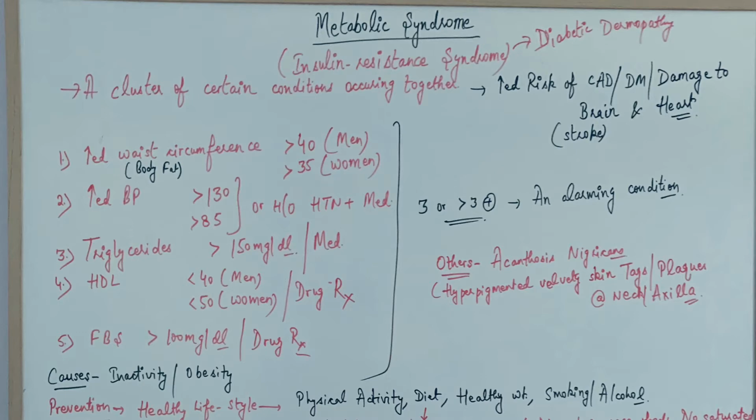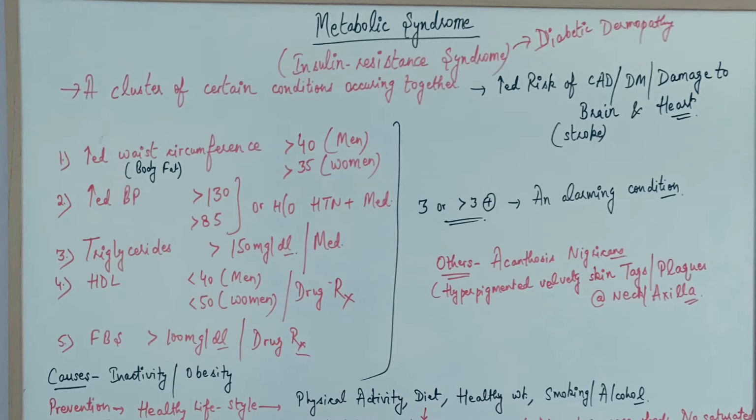So basically metabolic syndrome, another name is insulin resistance syndrome, which means when the body develops some resistance to insulin, then it is called metabolic syndrome. And in every syndrome, we know there are certain conditions which occur. Similarly over here, a cluster of conditions combine together and give rise to a syndrome.